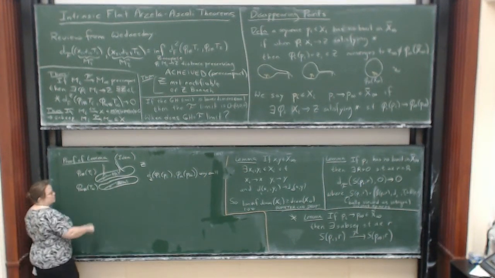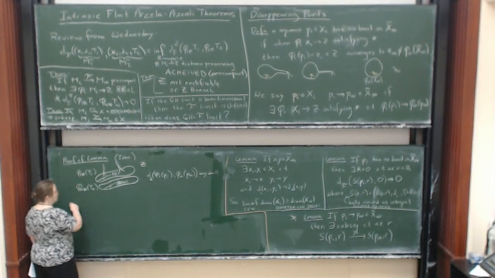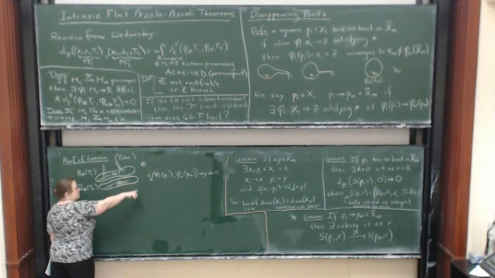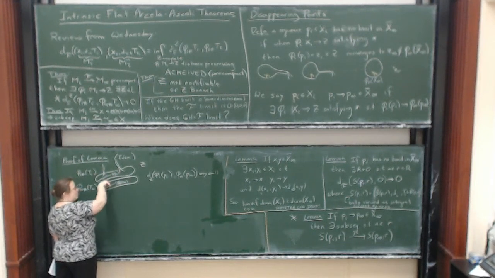We know things like what we were just doing, estimates where we could compare the ball around here with the intersection over there.